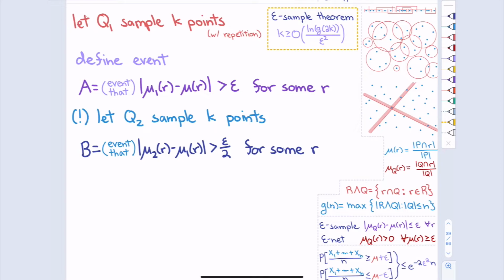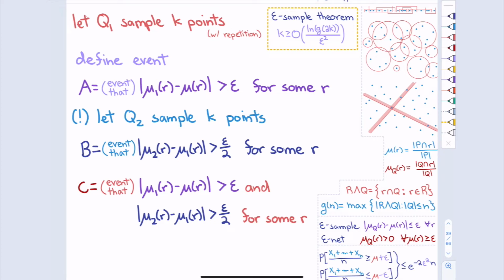Originally it was just whether mu1 is off from the true measure by epsilon. Now I'm taking two random samples. What are the odds that they disagree on a range by more than epsilon over 2? We need another event, C. C is the event that both of these things happen for the same range.